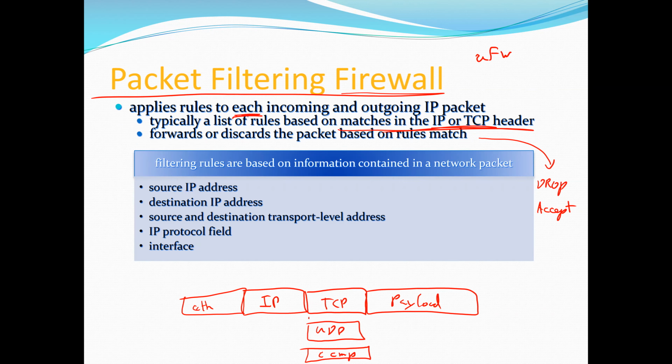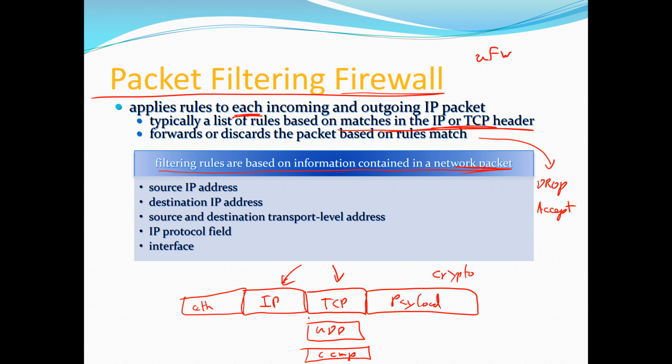The filtering rules are based on information contained in the network packet. So usually it's going to look just at that header, or at that header. It doesn't usually look at this one, because that's more of an application layer. Also, usually this is encrypted, and so you'll have issues with that.